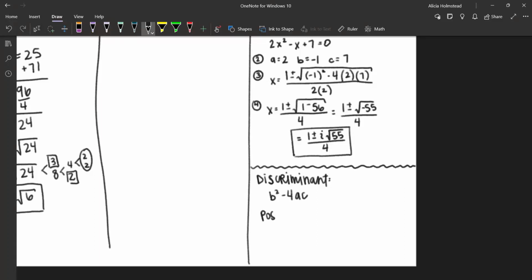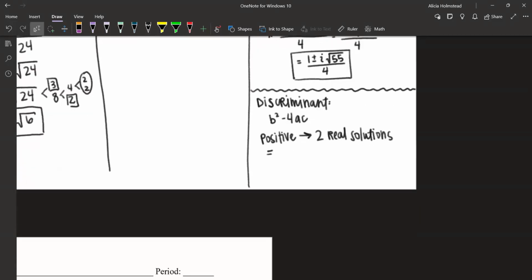If the discriminant is positive, that means there's 2 real solutions. If the discriminant equals 0, that means there's 1 real solution. And if it's negative, then there will be 2 imaginary solutions.